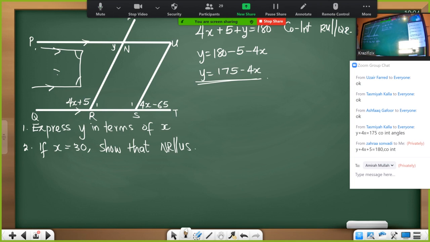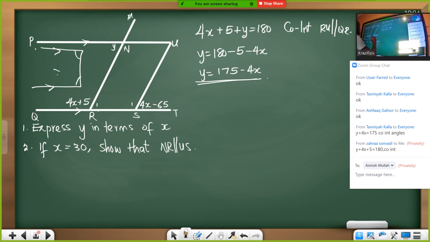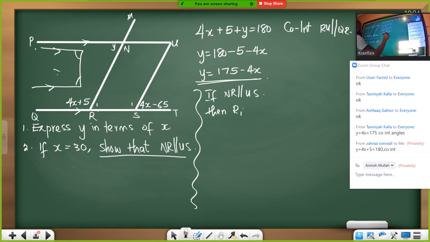If x is 30, show that NR is parallel to US. Where's NR? NR parallel to US. Okay, remember what we said. If you want to show this, let's start by saying if NR is parallel to US, then can we say that R1 would be equal to 4x minus 65?